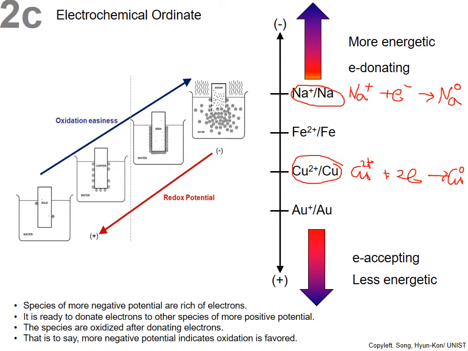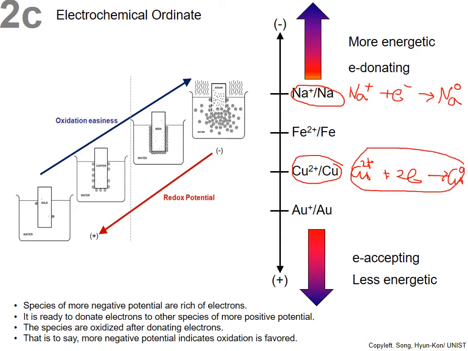So again, reduction potential is defined on an electrochemical process. The reduction potential is not a characteristic of some material, but a characteristic of some process. Sometimes reduction, sometimes oxidation, anything is okay, but usually we are thinking about the reduction like that.